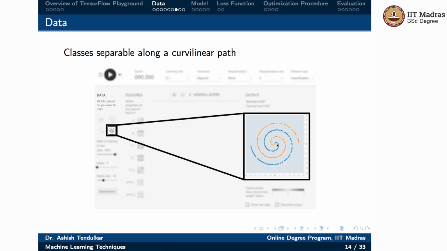And an even more complicated one where the classes are separated on a curvilinear path. So this is an even more complex data set to learn the decision boundary. Depending on what you want to explore, you can select one of these data types and see its effect on the model that is getting trained for a given configuration of other components in the framework.